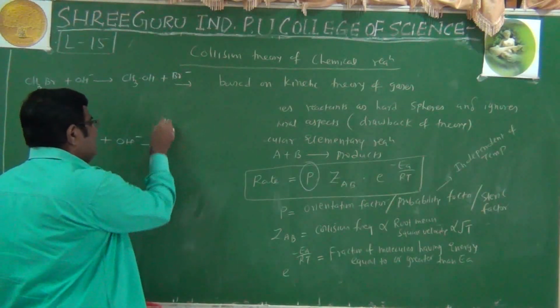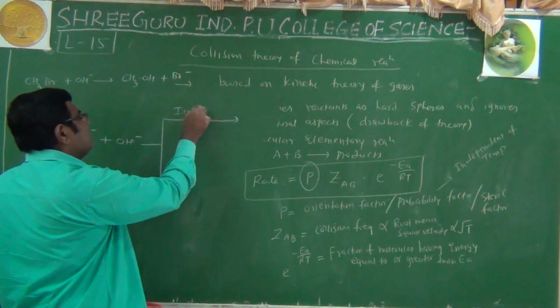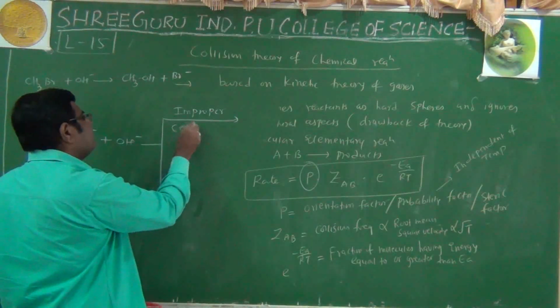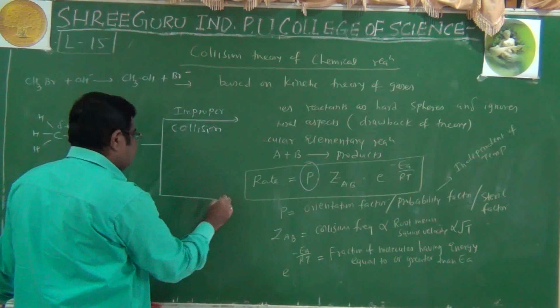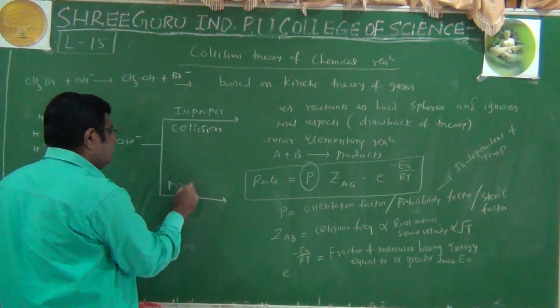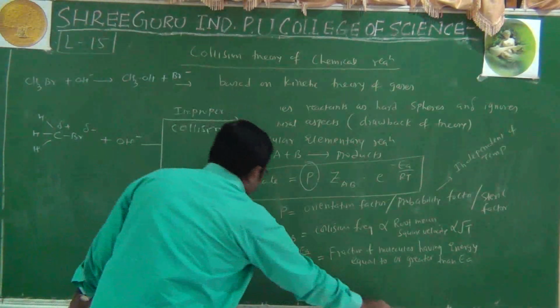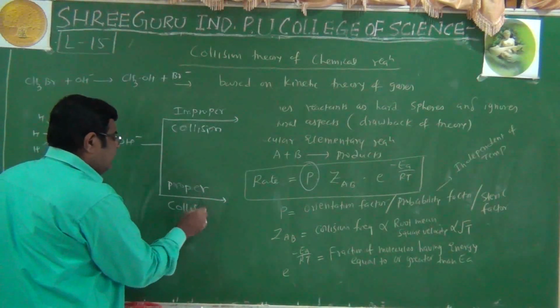There are two possibilities. One we call improper collision, another we call proper collision.